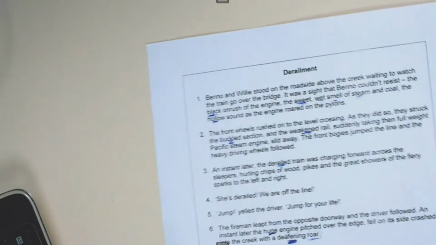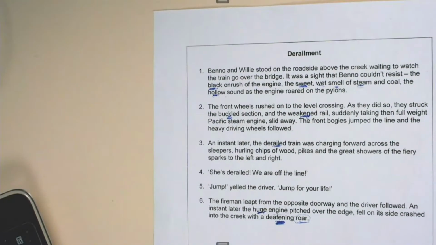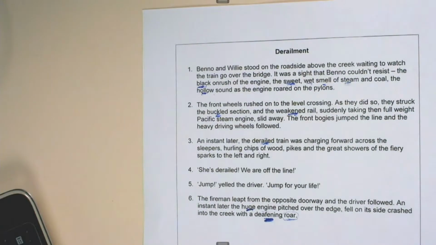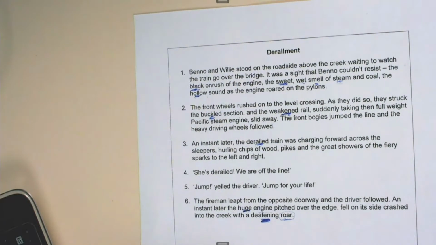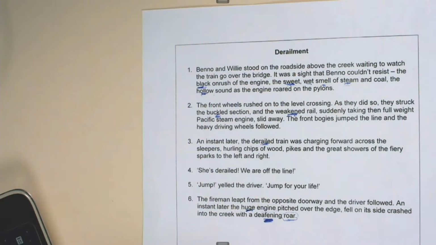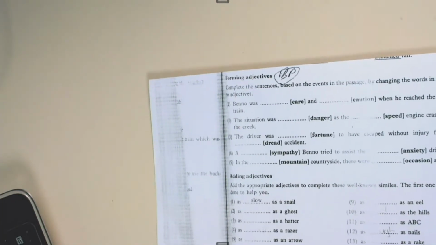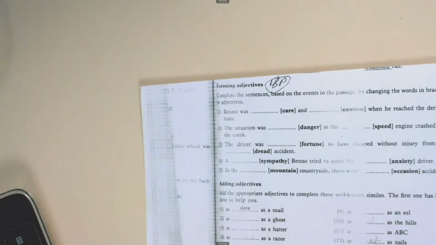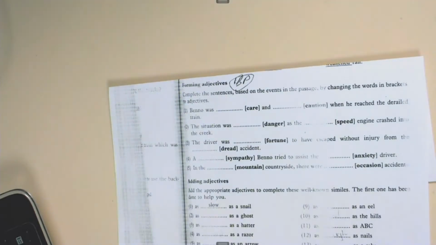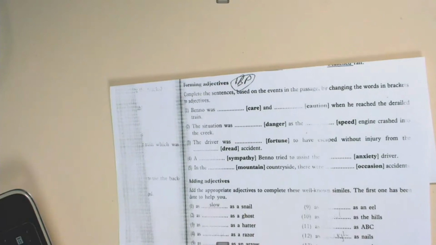This is the text that I read for you at the beginning of our lesson. Now, an activity that I'm going to give you, it's this. You remember that now we're talking about Bono and Willie, who stood on the roadside. Now, here is an activity for you. It says complete sentences based on the events in the passage by changing the words in brackets into adjectives.